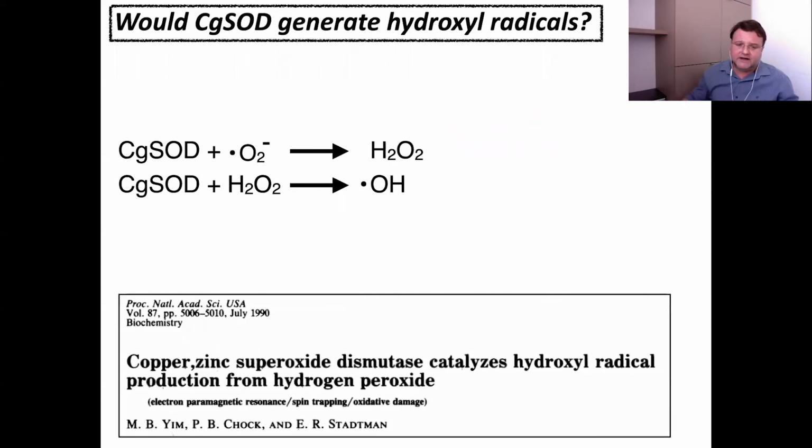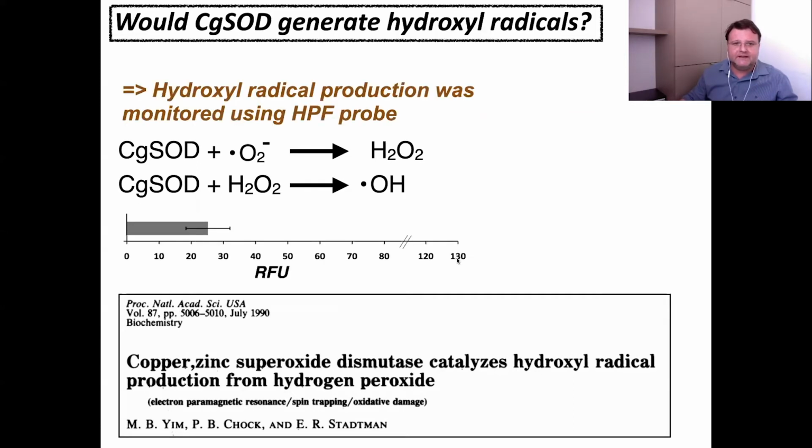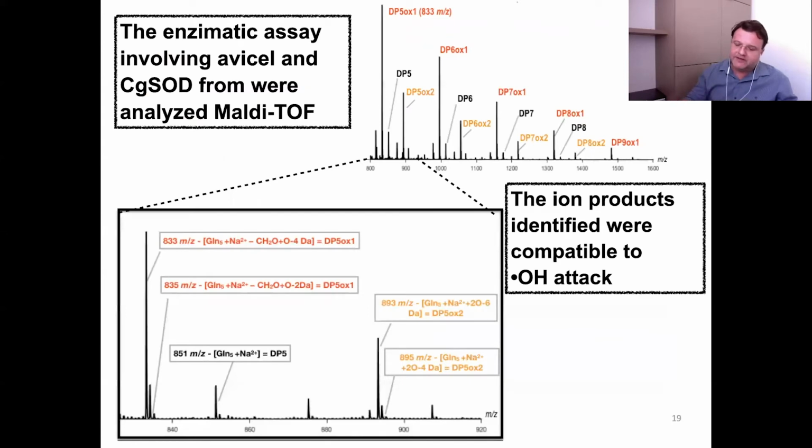And actually, a study from the 1990s showed that, in fact, superoxide dismutase can catalyze the production of hydrogen peroxide. And our enzyme also was able to produce hydrogen peroxide. And we mapped the oligos produced by the superoxide dismutase enzymatic activity.